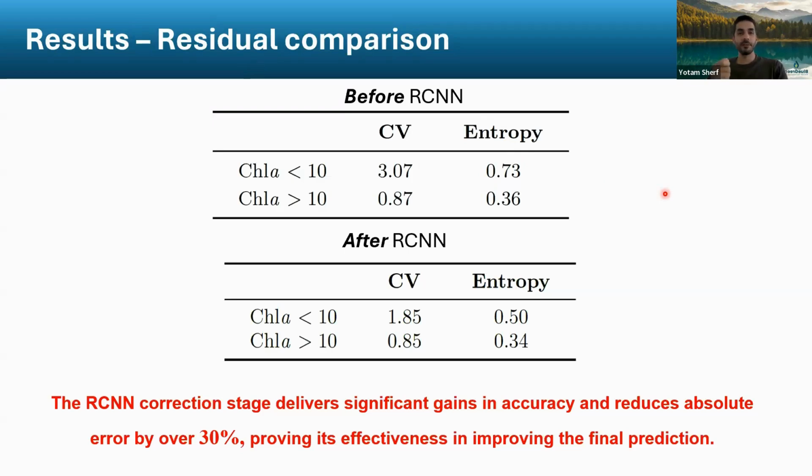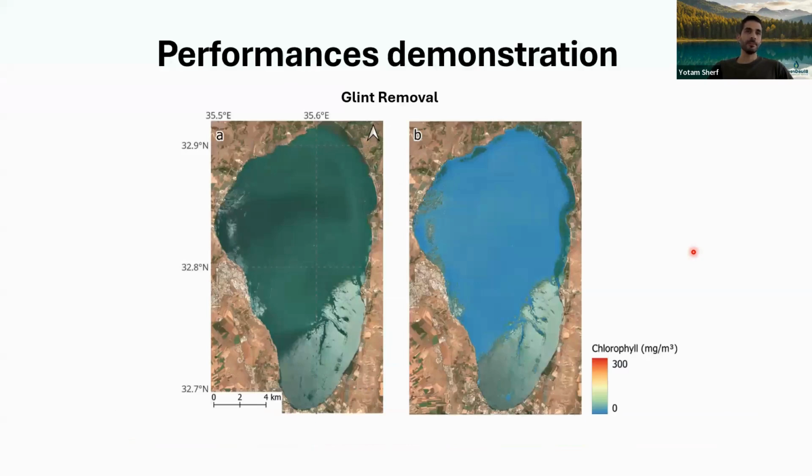And it proves the effectiveness and the crucial role of the third stage. You can see how the coefficient of variance and entropy improved in the stage after the residual convolutional neural network.